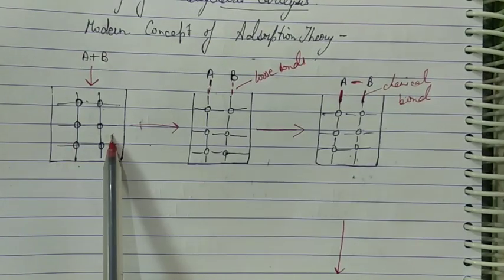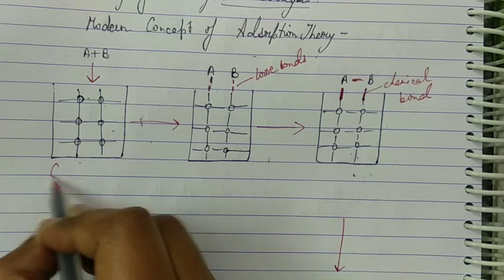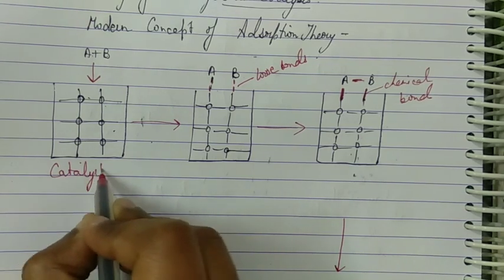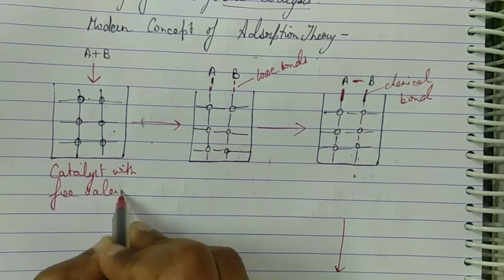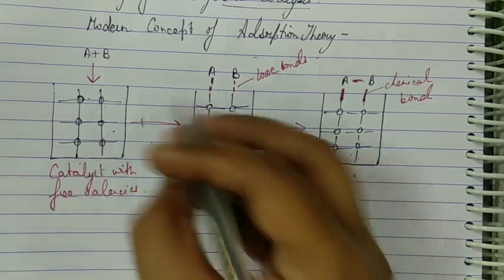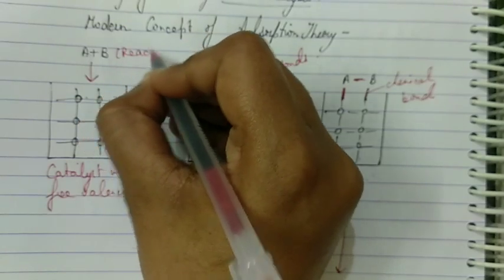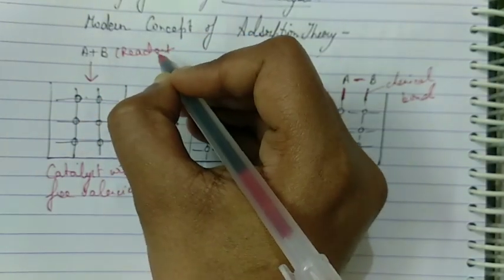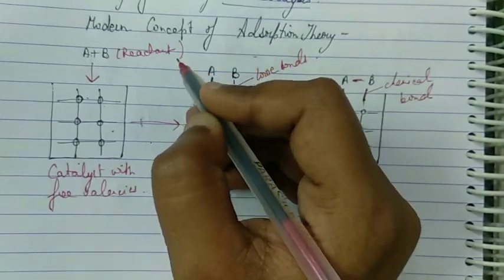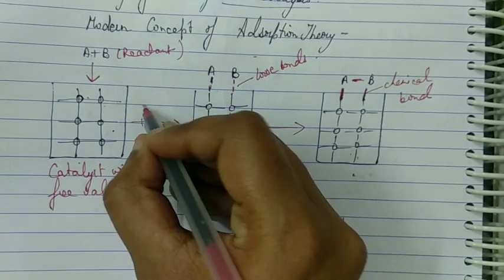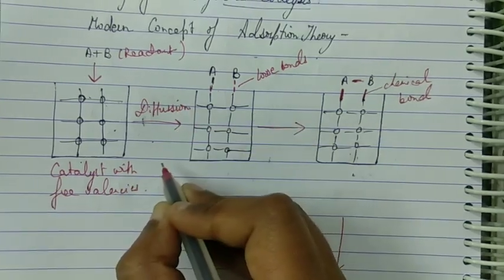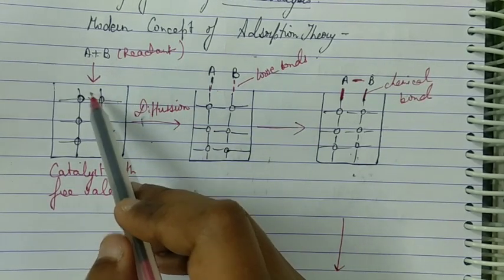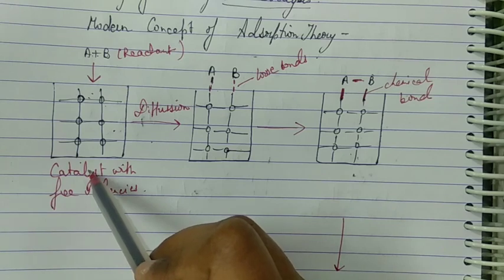Let's see it once more. The first step: this is your catalyst with free valencies, and this is your reactant molecule. The first thing that is going to take place is diffusion of the reactant molecule towards the catalyst surface.